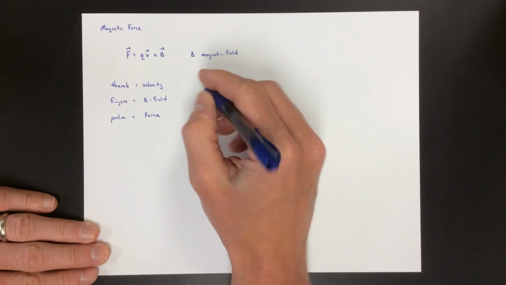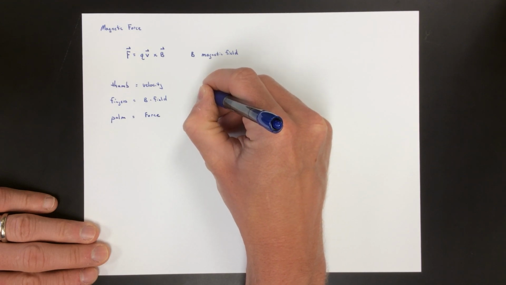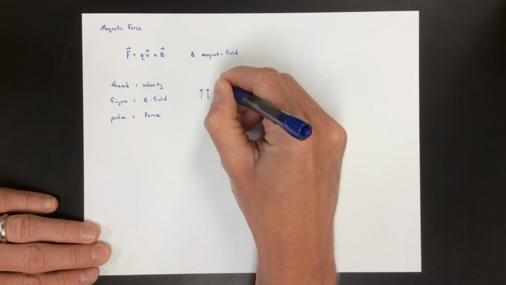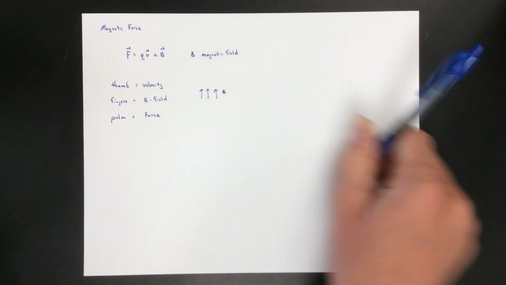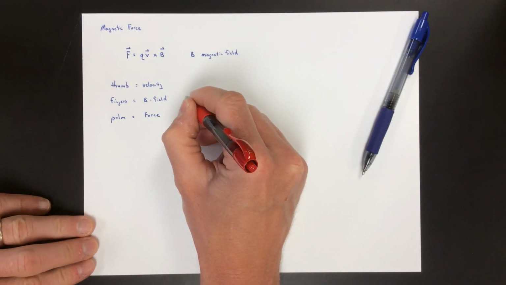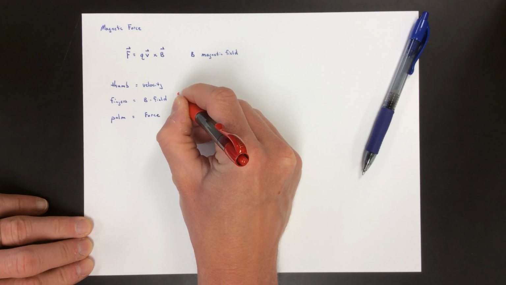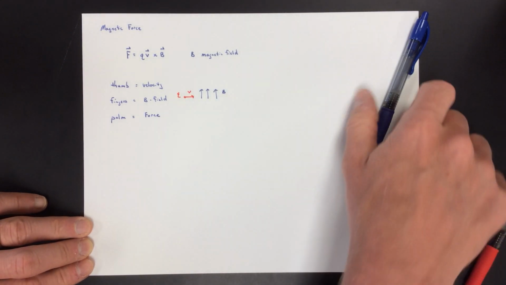So let's say that the magnetic field is up. The B field is up. And if I'm a charged particle, and I'm going to go this way, so my velocity is this way, what direction is the magnetic force?